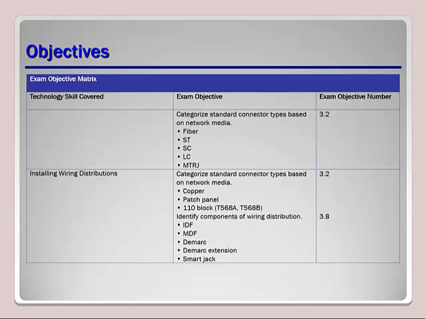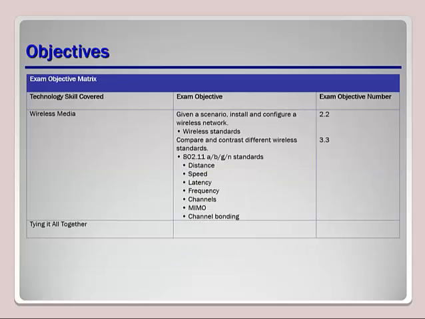Wiring distribution closets, wiring distributions in particular, and the type of connectors and wiring distributions that are part of that topic. And then finally, we'll go down to wireless media, and we'll discuss some of the wireless standards and hardware that is used in wireless media.